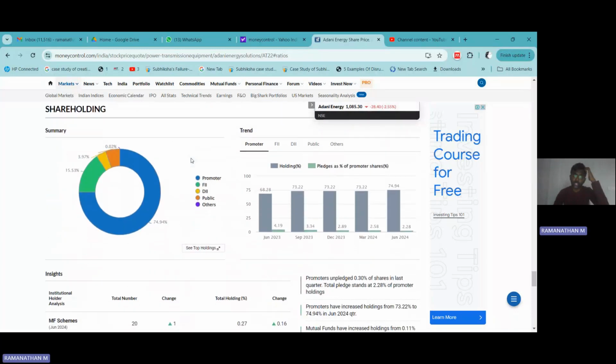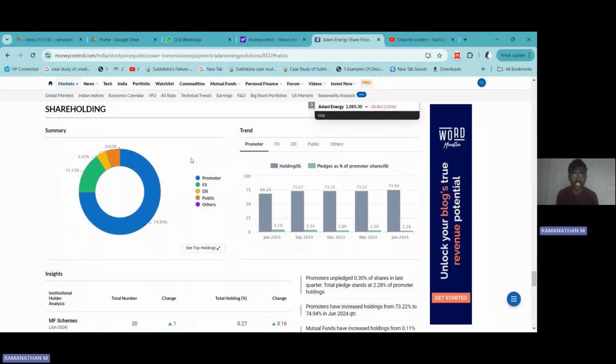Here is the shareholding percentage. Promoters hold the highest number, nearly 75 percent.